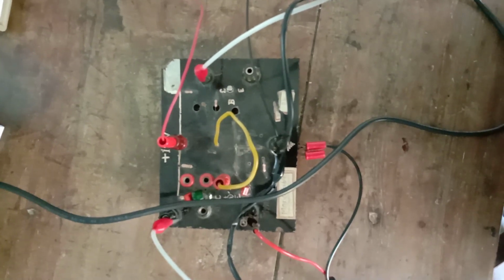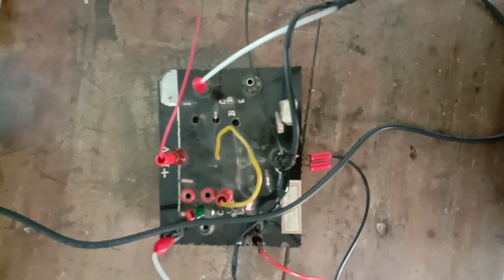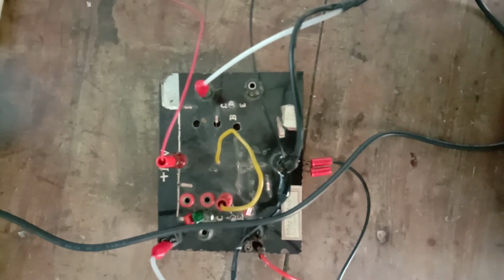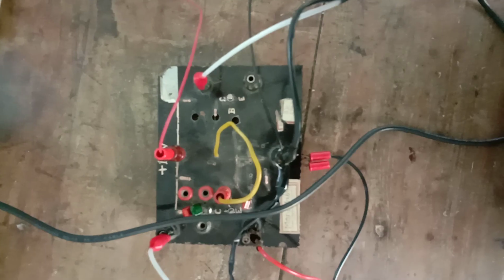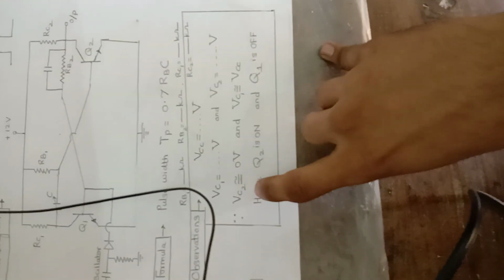Before taking the reading, one observation we need to show to the examiner. That observation is this one. VC2 and VC1 we need to show, for which we would require a DMM and banana pins respectively.